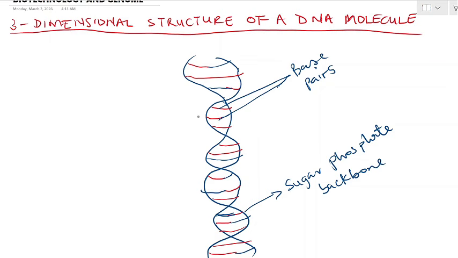And of course, you have specific nucleotides that are bonded: A to T, that's adenine to thymine, then G to C, which is guanine to cytosine, like you can see here. Those are the base pairs, like we earlier saw in the structure of the base pairing of nucleotides in the DNA molecule.